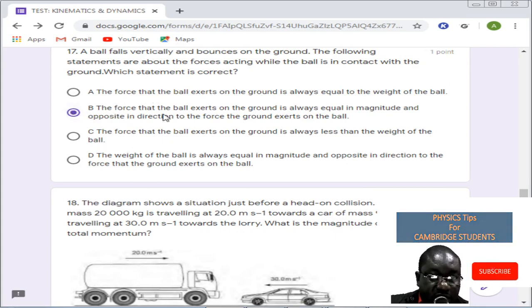And then the force that the ball exerts on the ground is always less than... it depends. It depends on the situation. Then the weight of the ball is always equal in magnitude and opposite in direction to the force that the ground exerts on the ball. Again, it depends on the situation. The weight and the force that the ground exerts on the ball may not be the same if there is deformation that occurs.